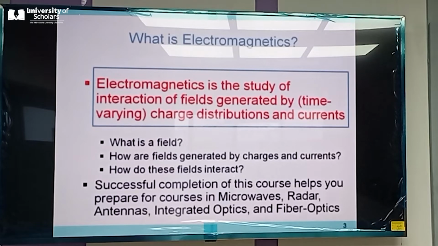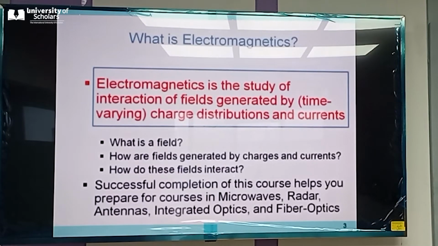So you have all been exposed to circuits. You have done a couple of courses in circuits, filters, and networks, so you are familiar with these terms.